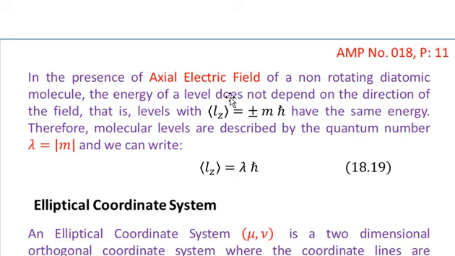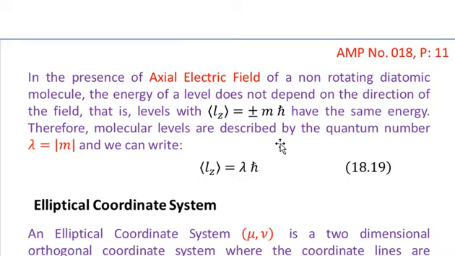So in the presence of the axial electric field of a non-rotating diatomic molecule, the energy of a level does not depend on the direction of the field. That is, the levels with average value of Lz equal to plus or minus m h bar have the same energy. So either we have m plus or m minus. In both of these cases, the energy of the level will be the same.